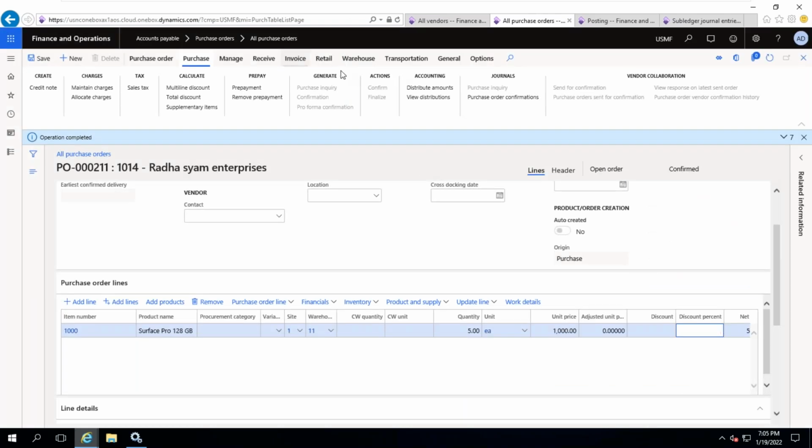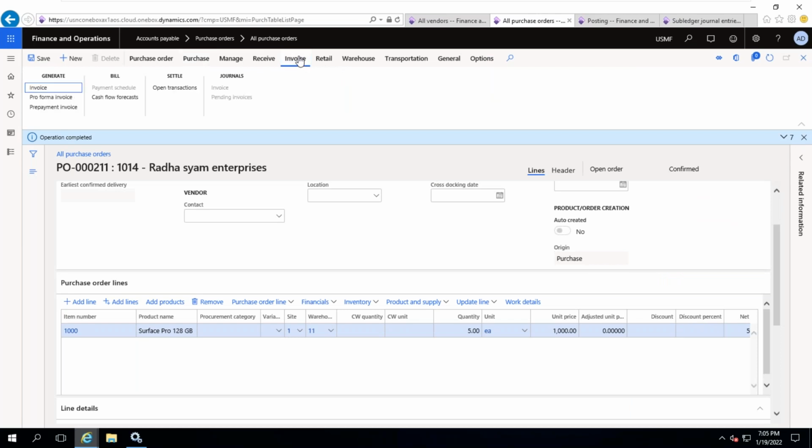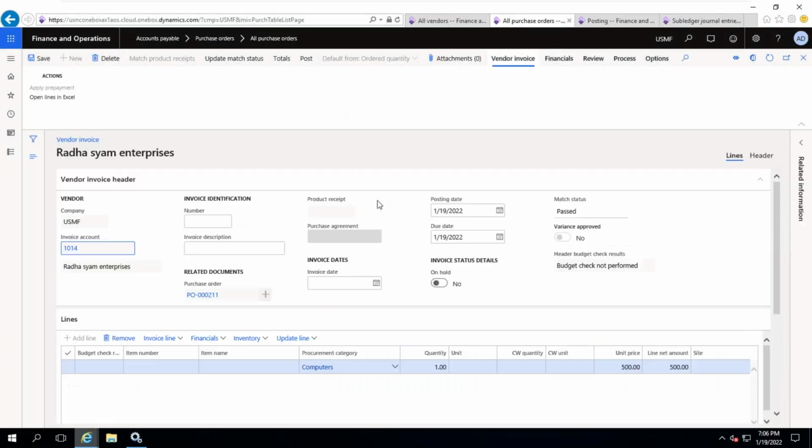So I'm generating the prepayment invoice. Go to the invoice tab, prepayment invoice.